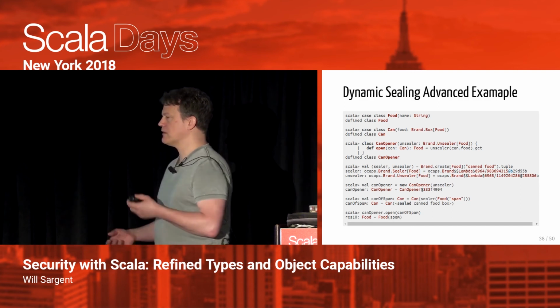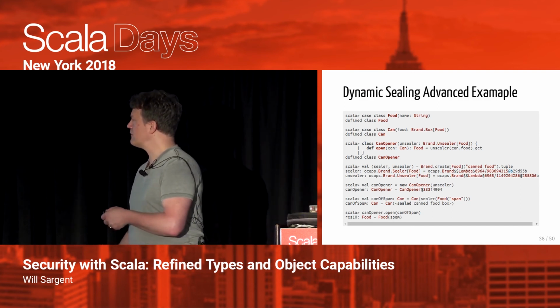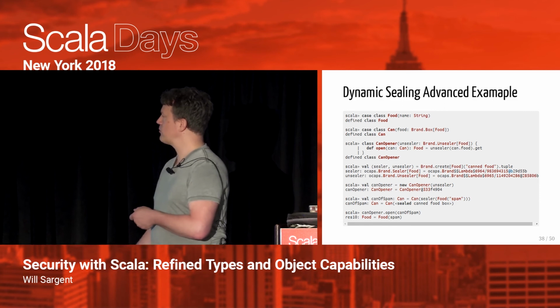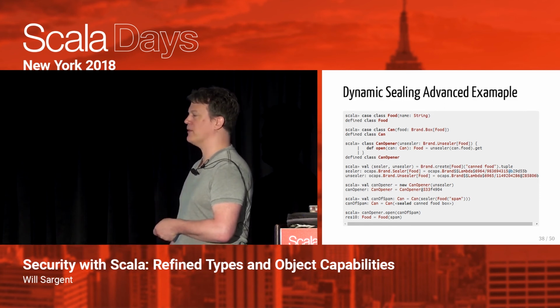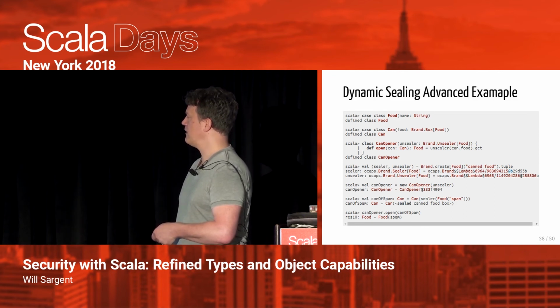So just to give you an example here, we've got a slightly more advanced case. We've got food, and we've got can, and we've got a can opener. The sealer here is something which is implicit in a lot of this, because we don't see it during normal access. We create the sealer and unsealer to say we're going to create a box of food, and we're going to create a can opener here.